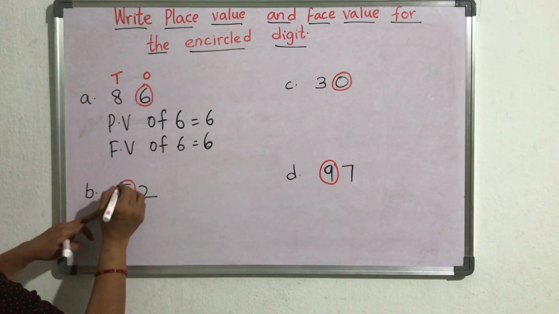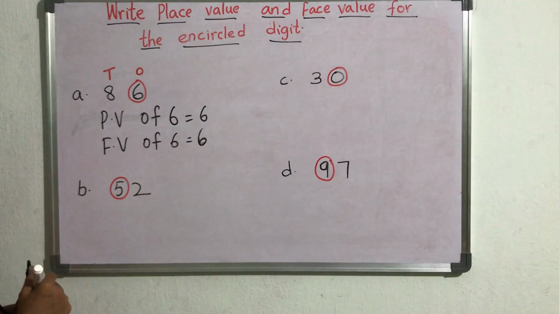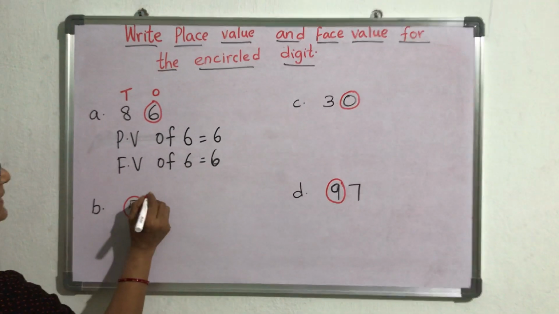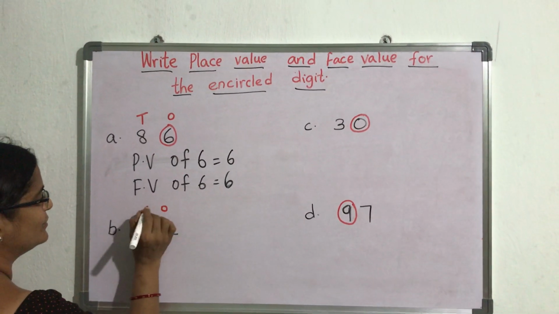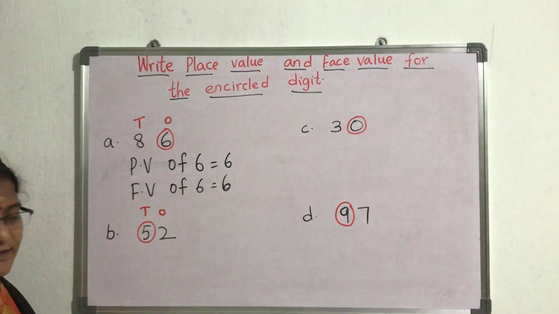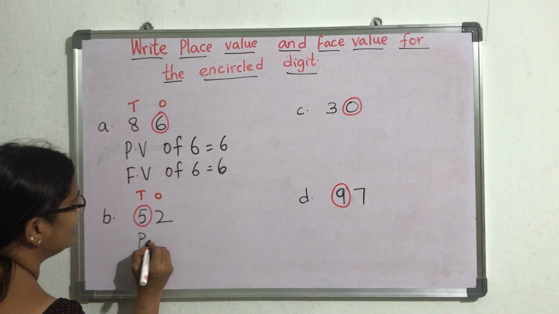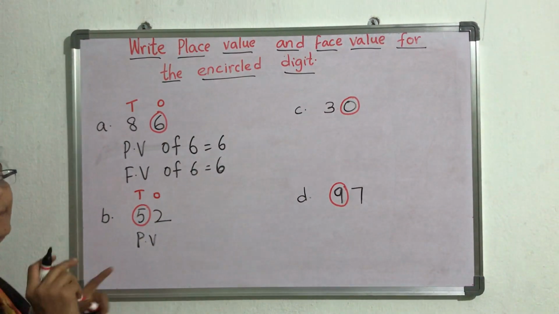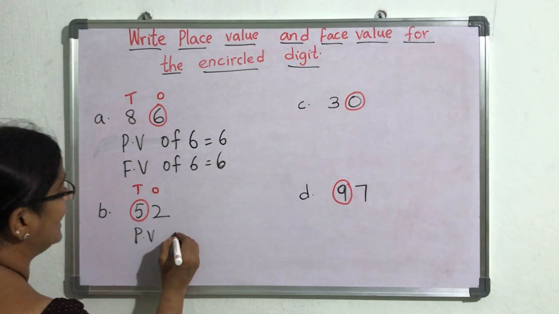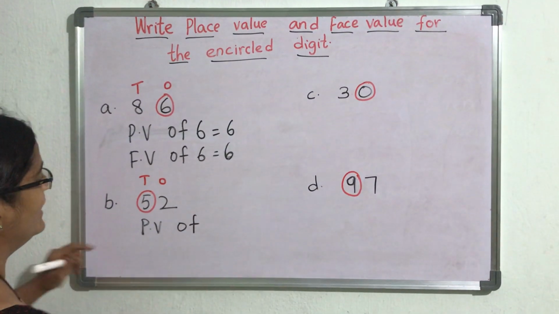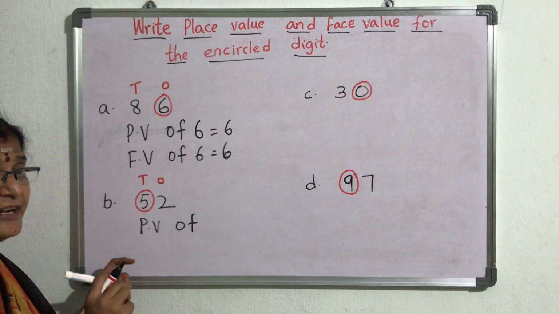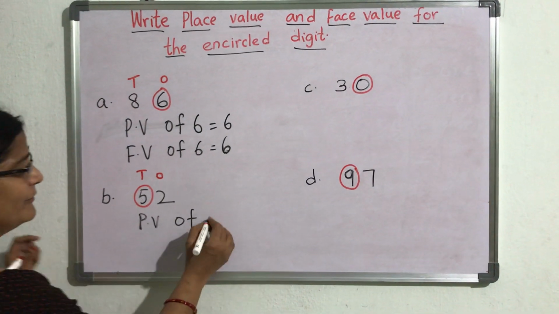Now next, coming to here. Next one. So again, first what should you do? You should write the place values: ones, tens. Now PV. PV means place value. Place value of, now which number? Now you have to identify 5.